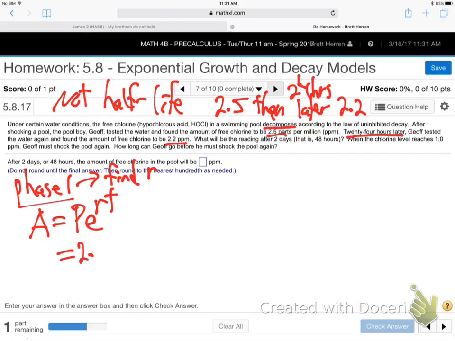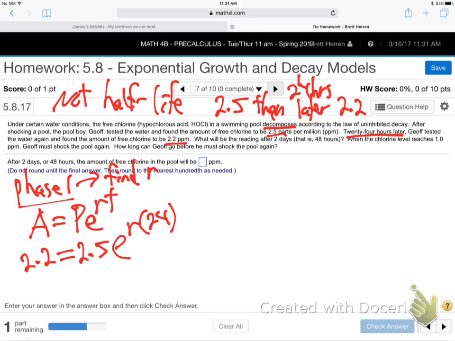It was the 2.5. And what was the amount later? 2.2, and that was in 24 hours. Everybody see that? I put in time, 24 hours, for the initial amount of chlorine, 2.5, to become an amount 2.2. So I can use that to solve for R.